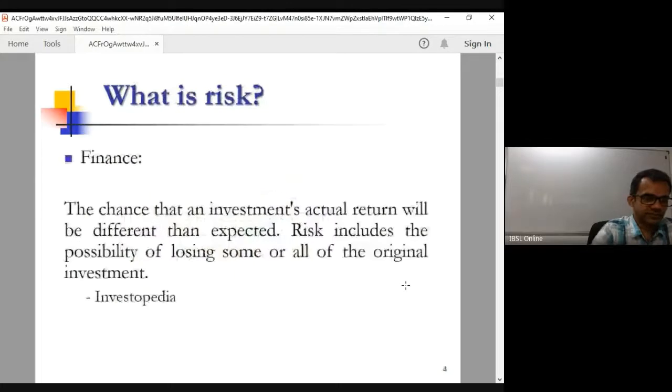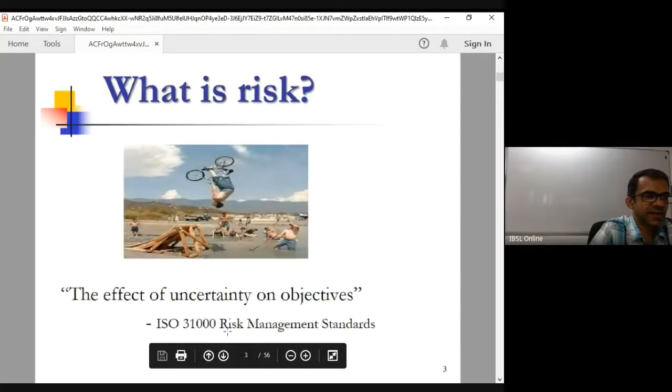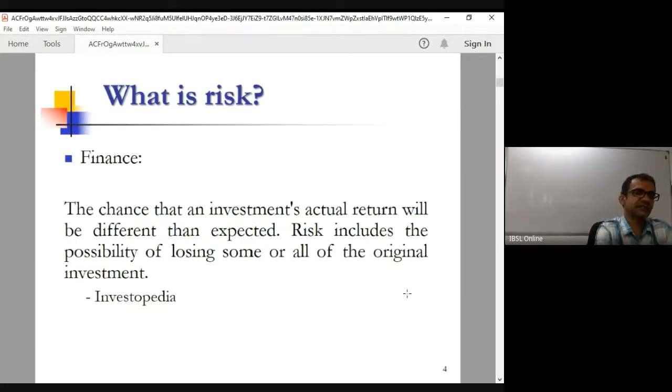So the previous one is a standard for risk management generally, but we are going to discuss financial institutions and risk to the financial institutions. If we specify the risk in relation to finance, again the risk can be defined in different ways.